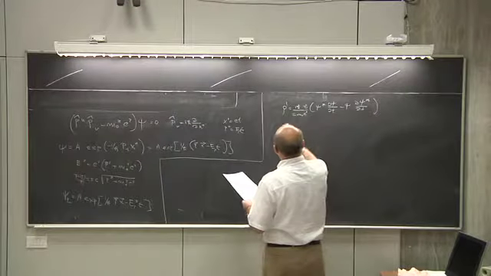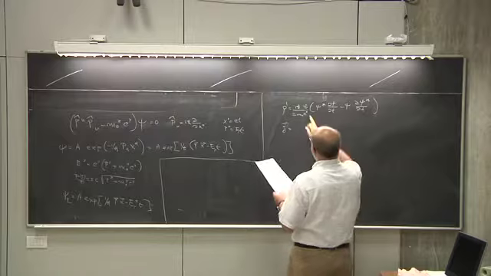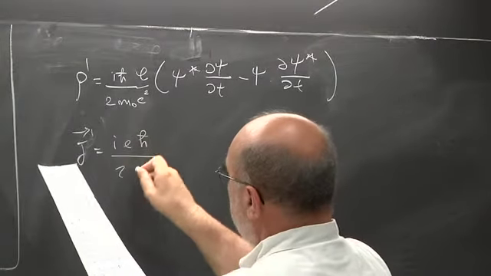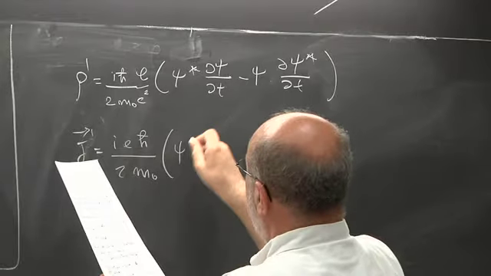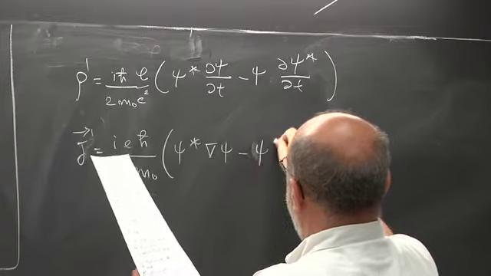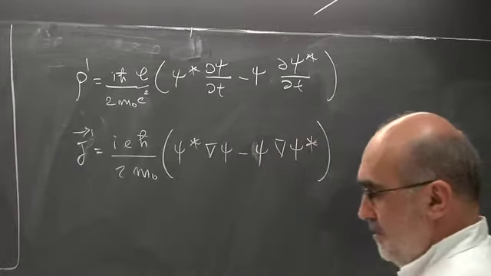Then, of course, you have the analogous current density, with e times h bar over 2 m0 psi star grad psi minus psi grad psi star.